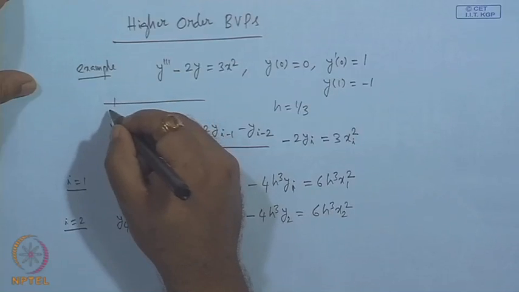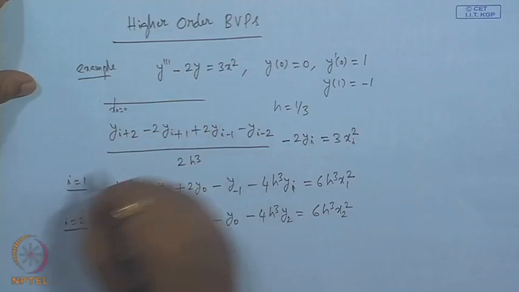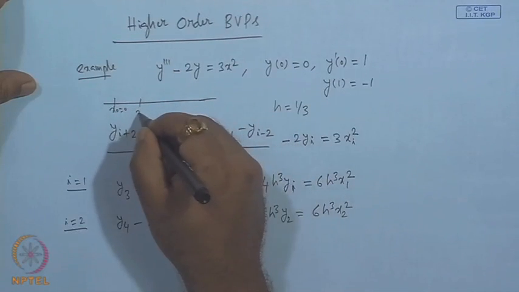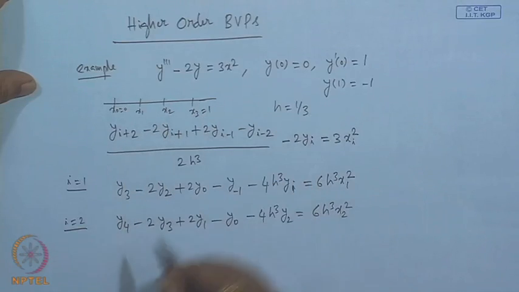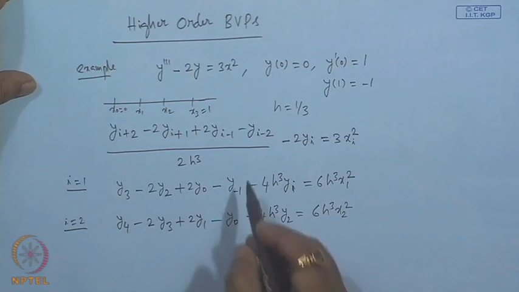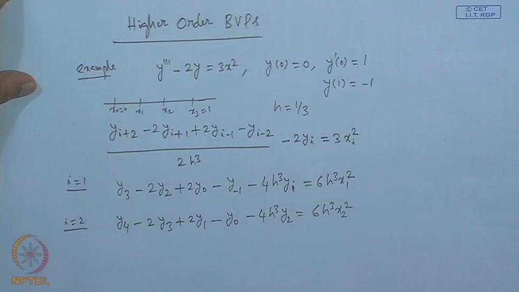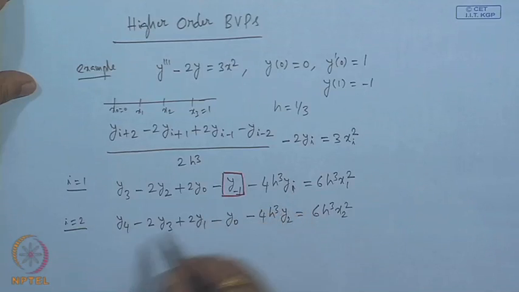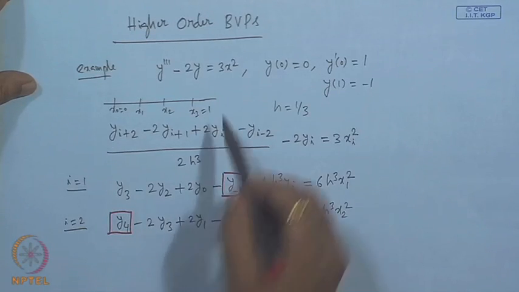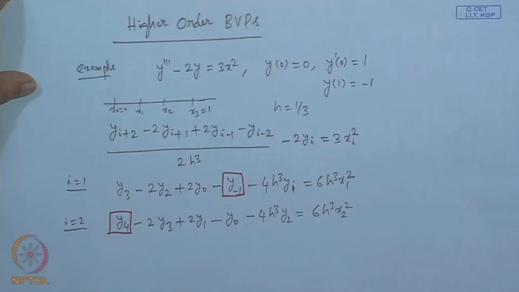Our line was x 0 is 0 and x 1, x 2, x 3 is 1. So, we have the following fictitious values, which are corresponding to the nodes outside the actual grid. Okay.